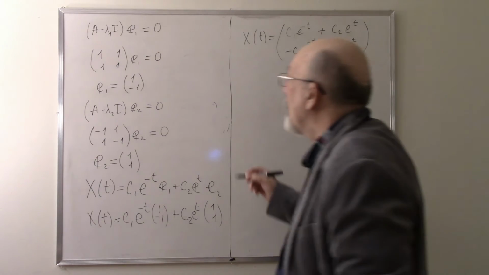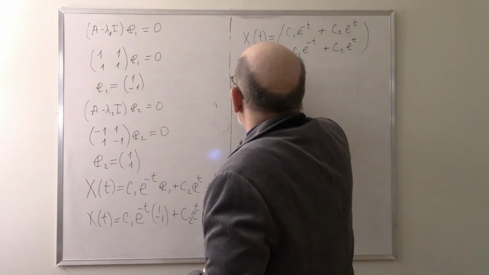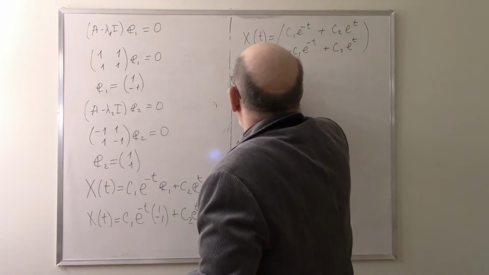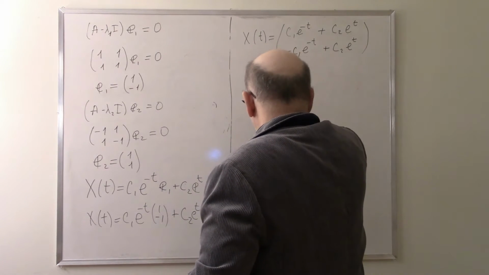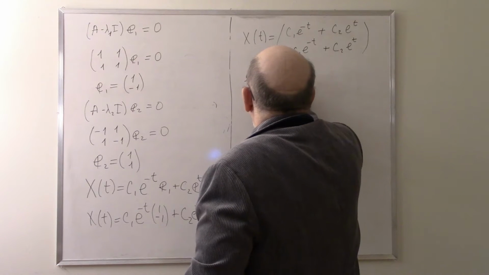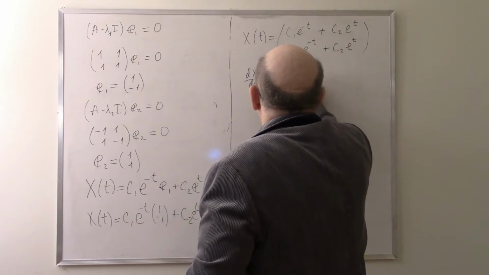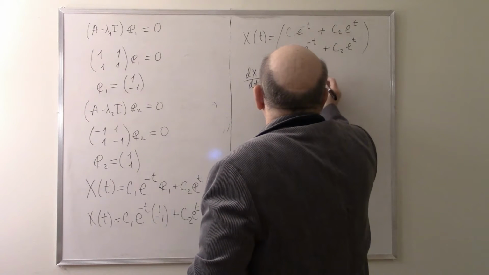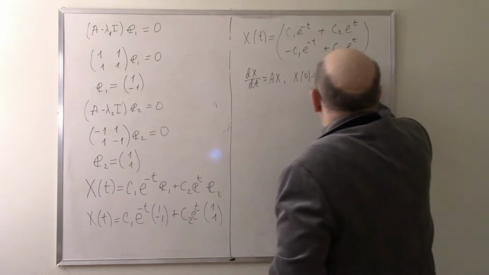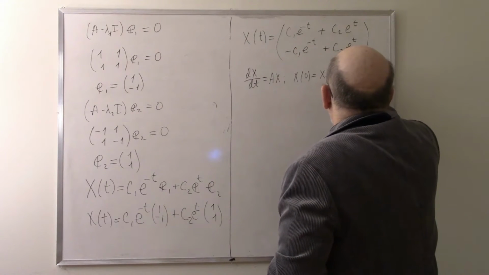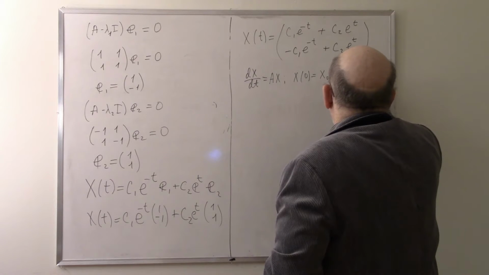We have to solve the equation dx/dt equals Ax, with x of 0 equals x0, equals x1,0, x2,0.